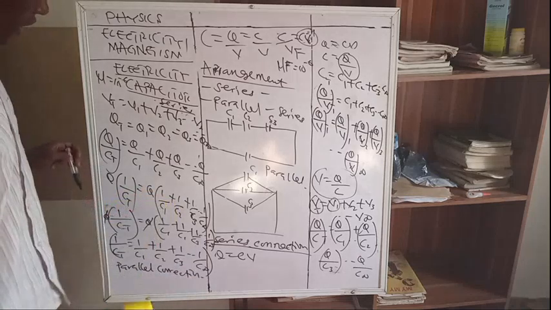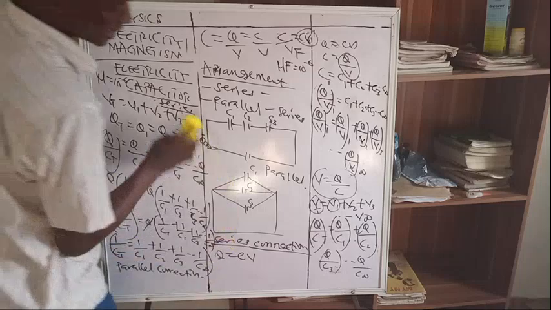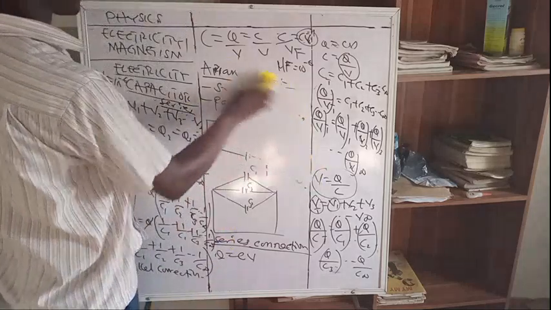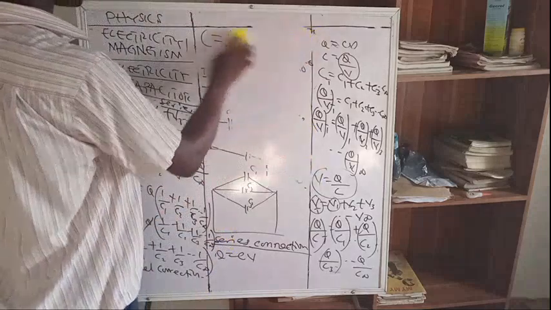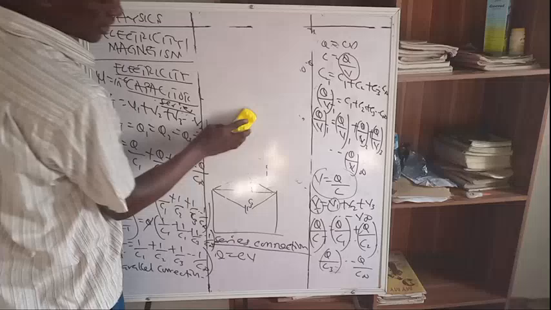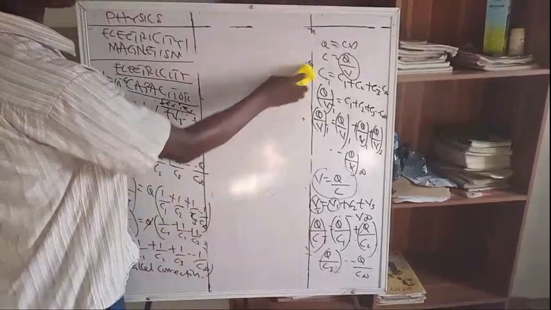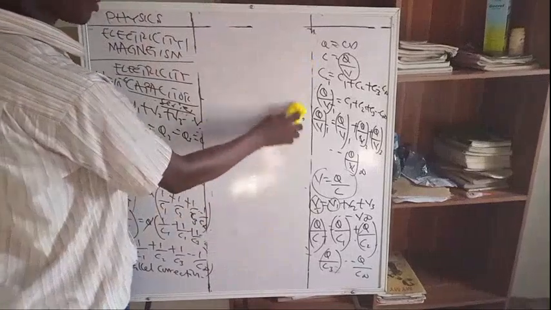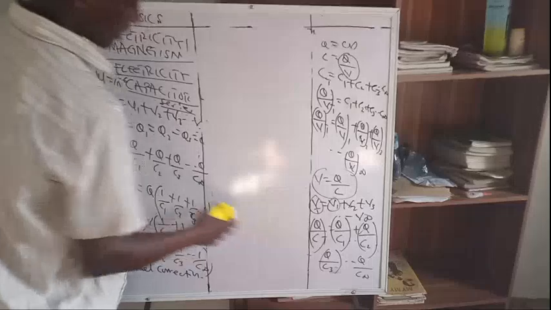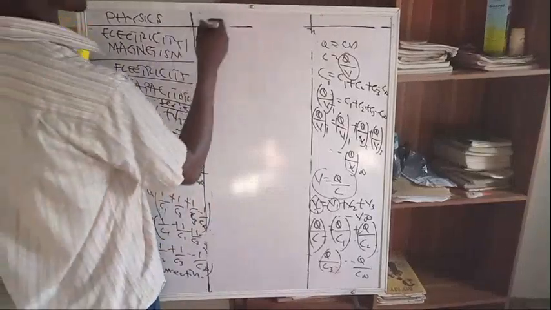Once you are proving the series, it gave us 1 over C total is equal to 1 over C1 plus 1 over C2 plus 1 over C3 all into 1 over C infinity. Then let us move on straight away to our parallel connection. So for the parallel connection, what is going to happen?